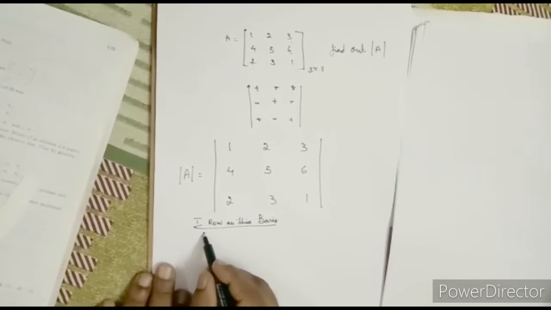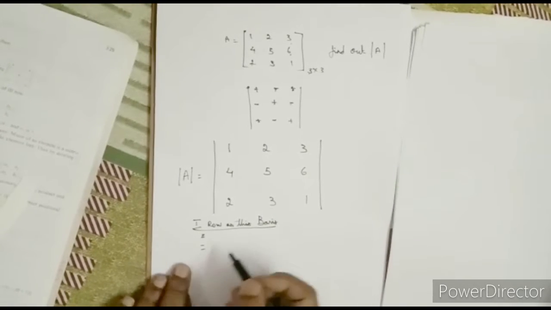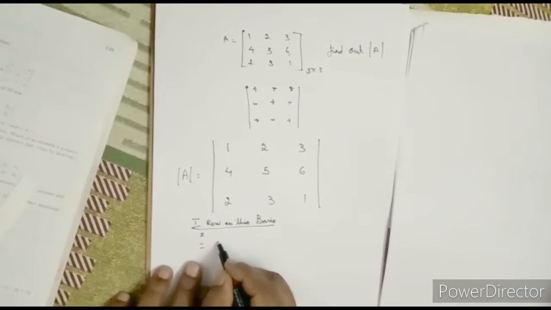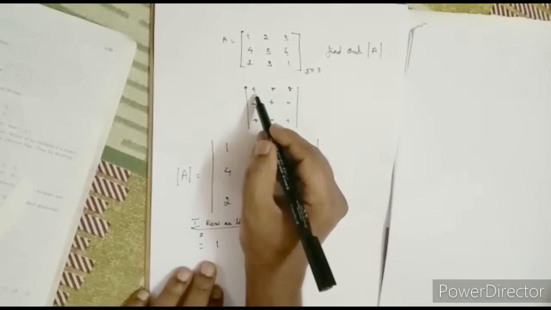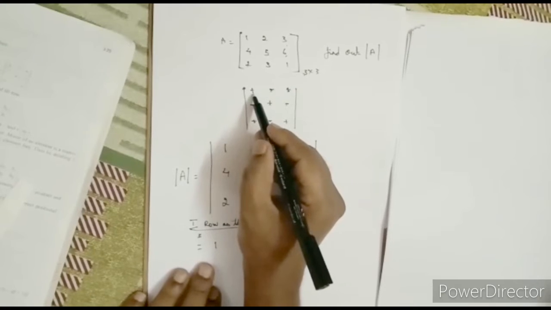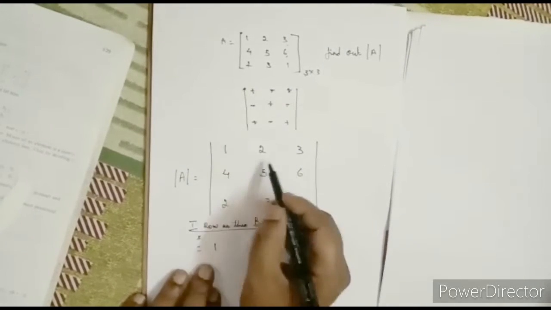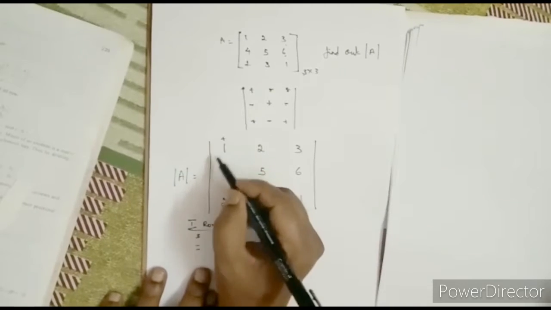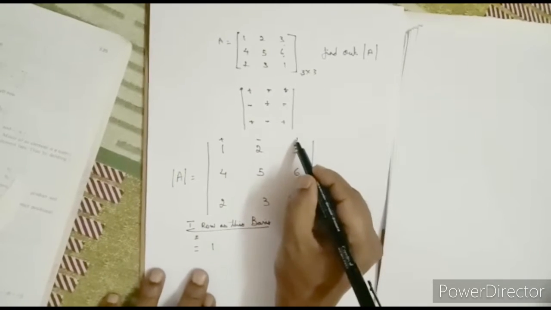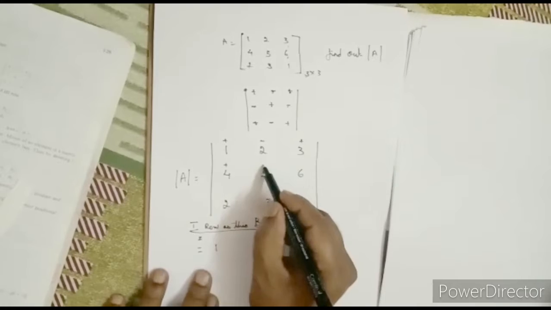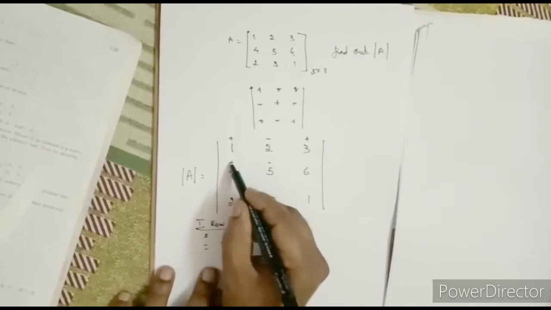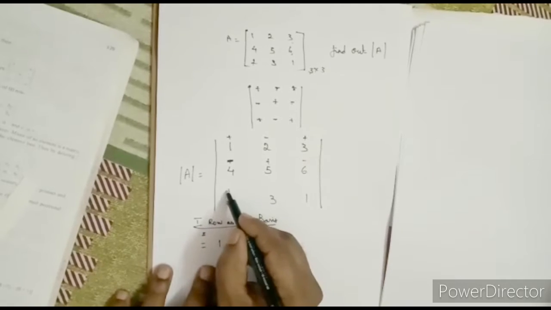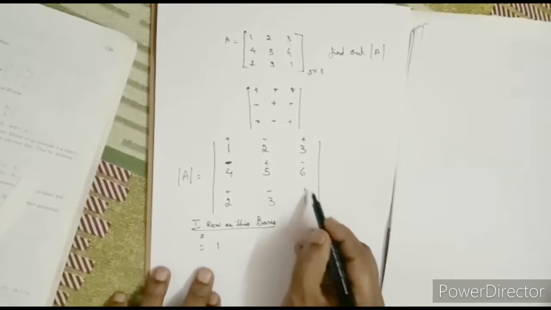Now if I take the first row, then the first element is 1. Let me take 1, here it is plus. So for the first element it is plus. Once again I am going to write those signs here also: plus, minus, plus, minus, plus, minus, plus, minus, plus.